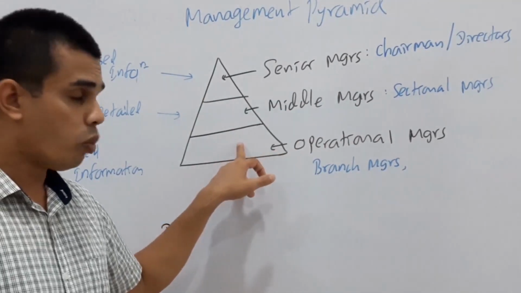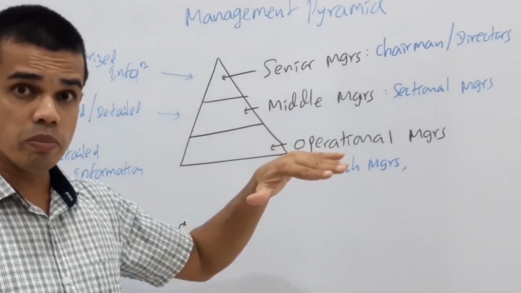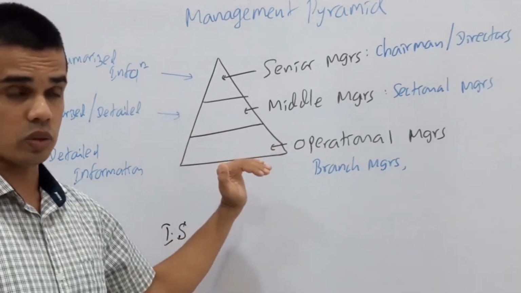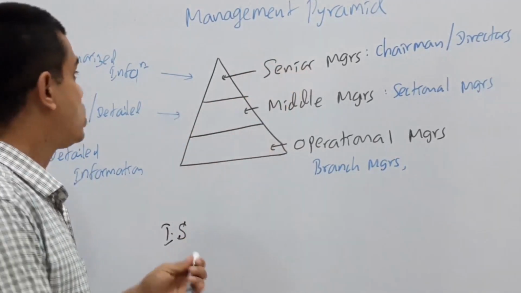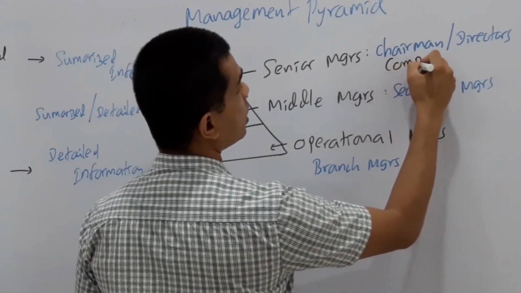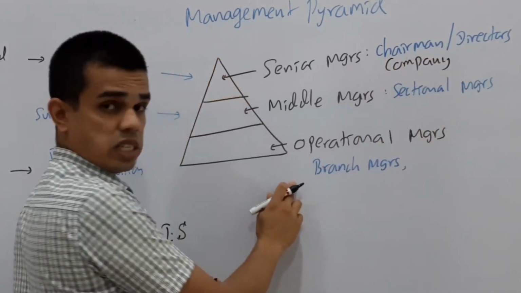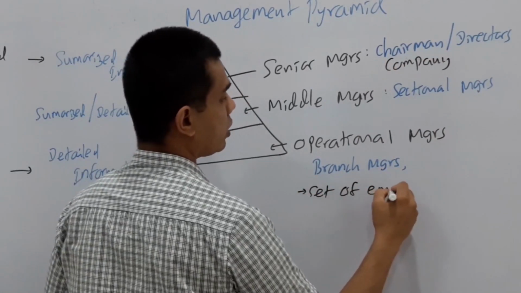So the job of the operational manager is to handle the few employees who are under their control. And the senior managers have the responsibility of controlling the entire company. They are responsible for the entire company. Operational managers are responsible for a set of employees only.